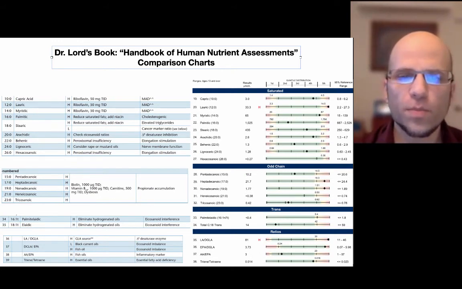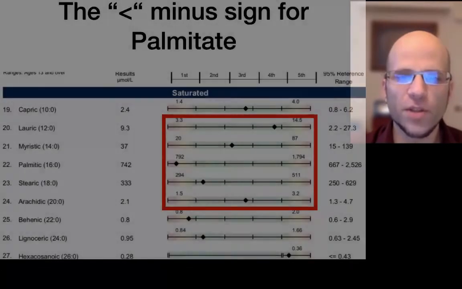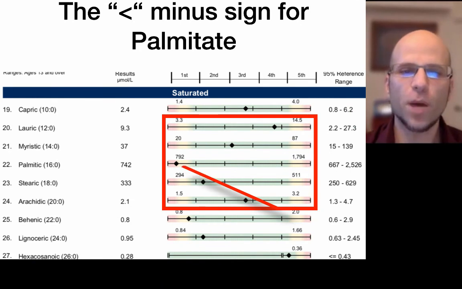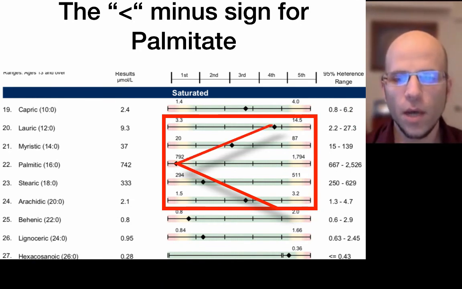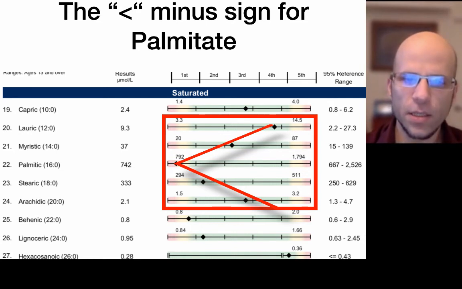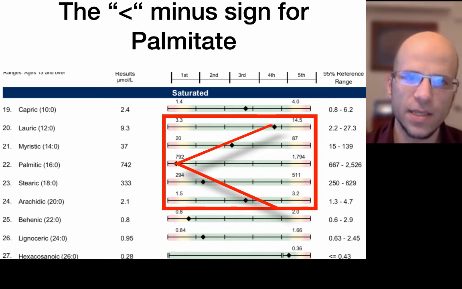So now let's get into the minus sign in palmitate. This is a near perfect example of this. The less than sign here, you can see a statistical shift, boom, boom, boom, all coming to the point of the less than sign at palmitic acid.